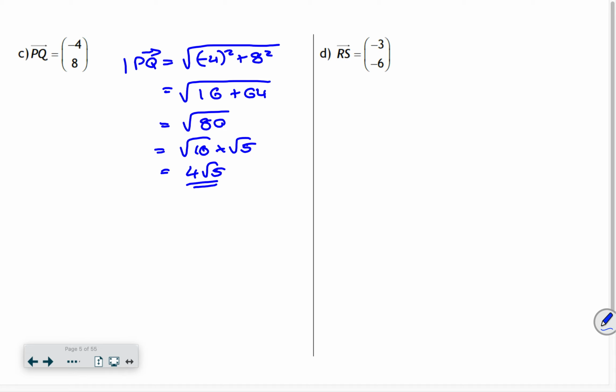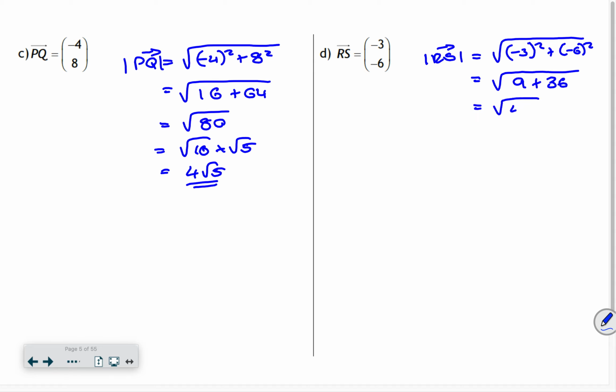And finally, the magnitude of vector RS. So mag RS is going to be the square root of negative 3 squared plus negative 6 squared. So that's going to be the square root of 9 plus 36, which will give me the square root of 45.